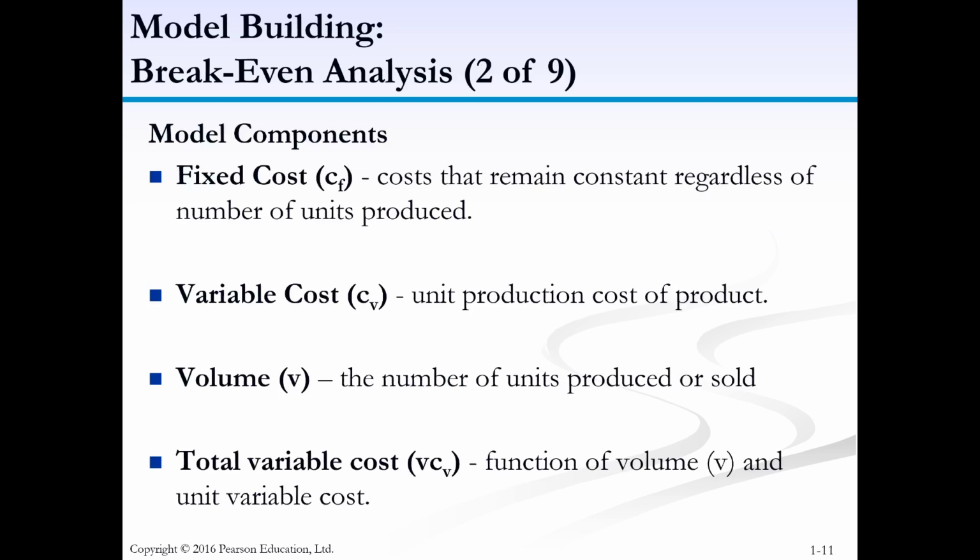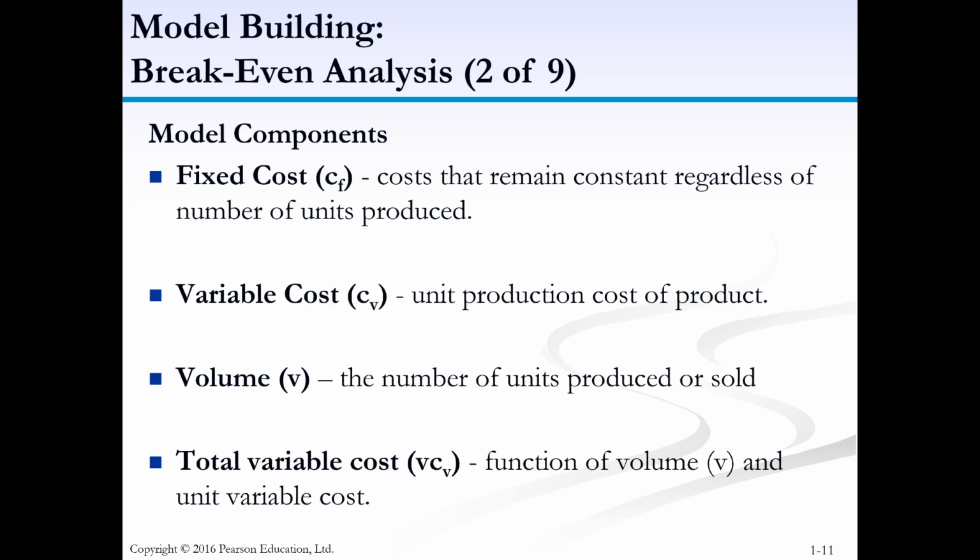Now we will use some notations here. Fixed cost is the cost that remains constant regardless of the number of units produced. We have talked about fixed cost also in the engineering economics lecture. Variable cost is the cost which varies with the number of units we produce, and volume is the number of units produced or sold.